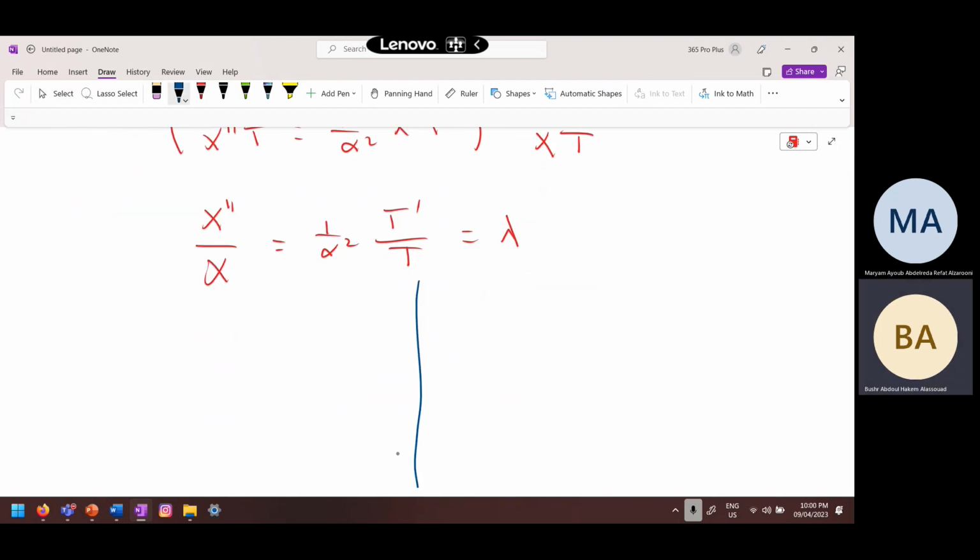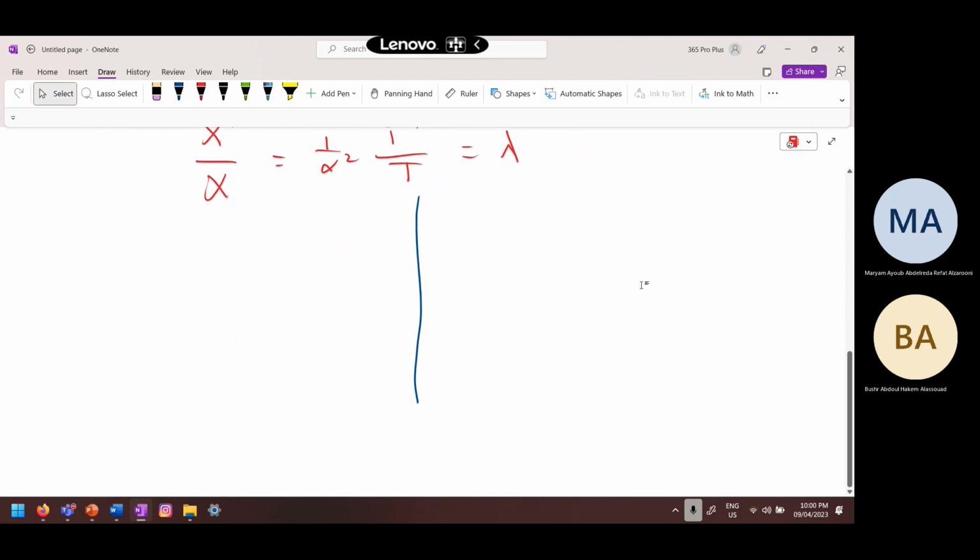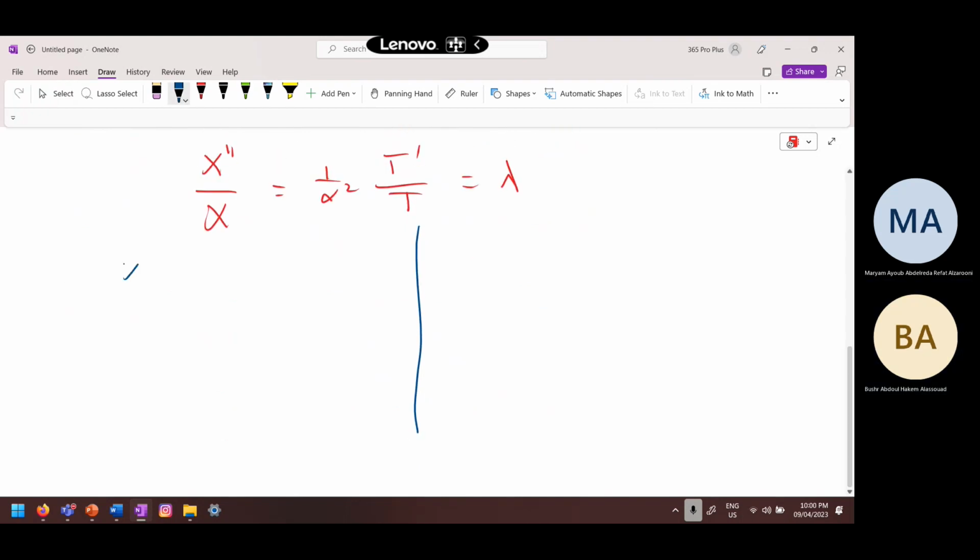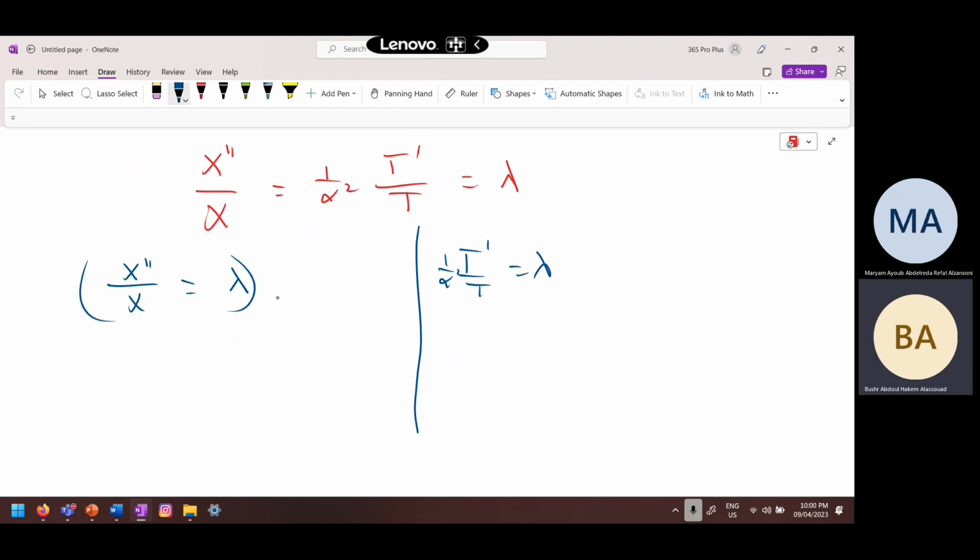Now divide the page into 2, and you will get X double prime over X equals lambda, and 1 over alpha square T prime over T equals lambda. Now solve this as following. X double prime minus lambda X equals 0.